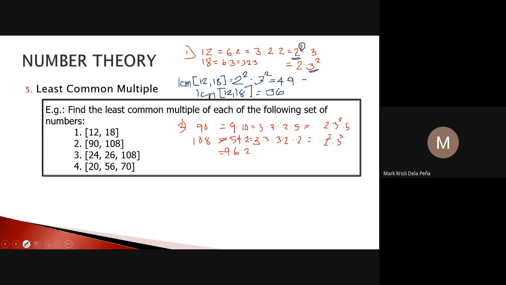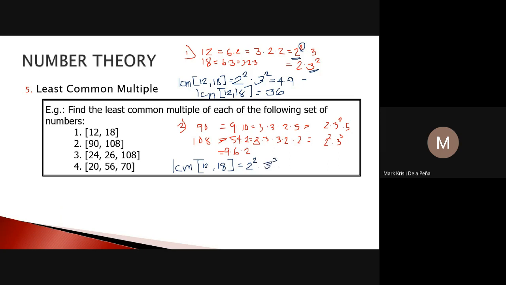So what will we do to get the least common multiple? Again, the least common multiple is equal to the product of the prime multiples which has the largest exponent or order. So we have common 2, but 2 squared has the highest order. We have 3 cubed.